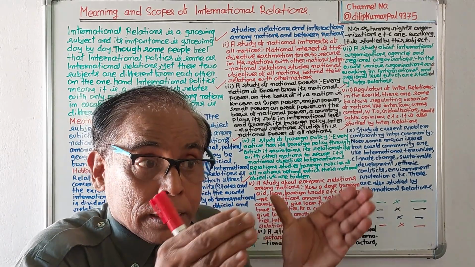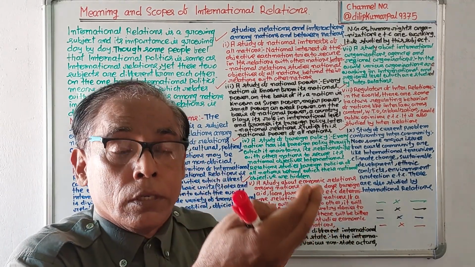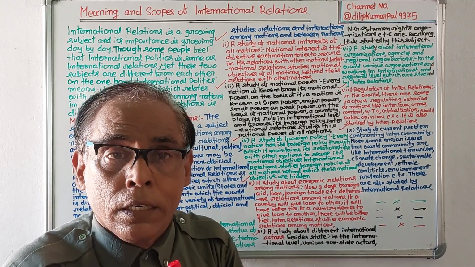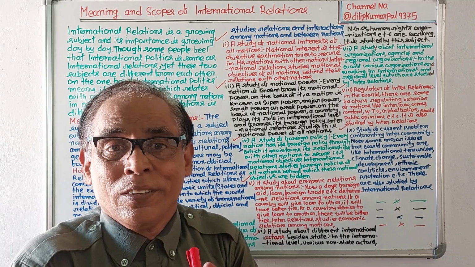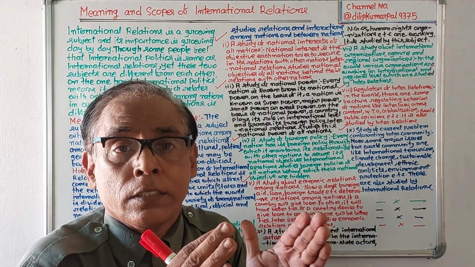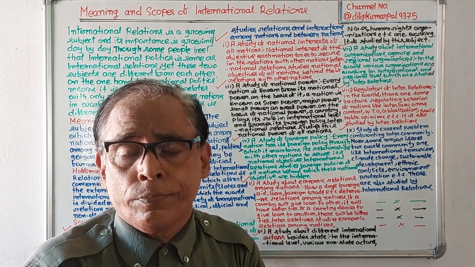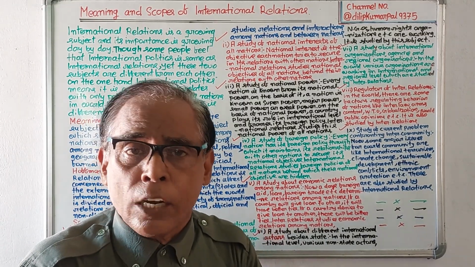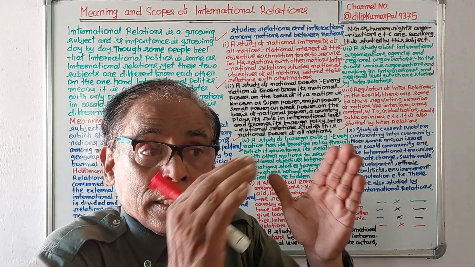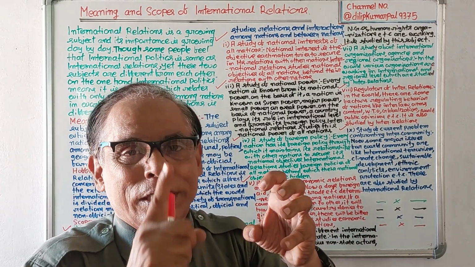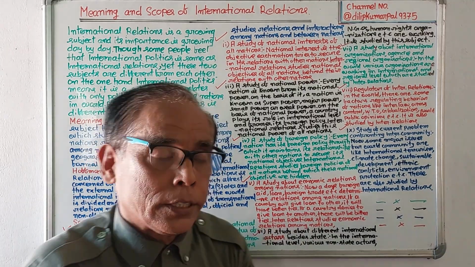So, at the international level now, foreign trade, foreign aid, and loans play a very important role. Powerful, economically stronger nations are giving loans to weaker nations, to nations that are financially weak. So, among nations there are economic relations. International relations studies economic relations among nations.